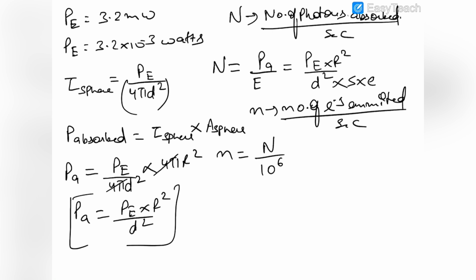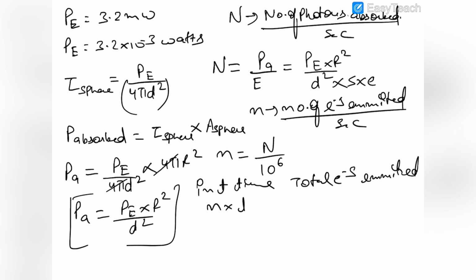So in t time, the total electrons emitted will be n into t. So it would be N upon 10 raised to power 6 into t.